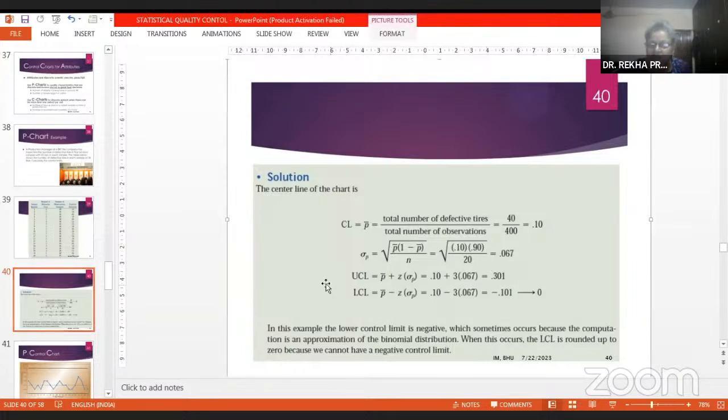So this standard deviation comes to 0.067.